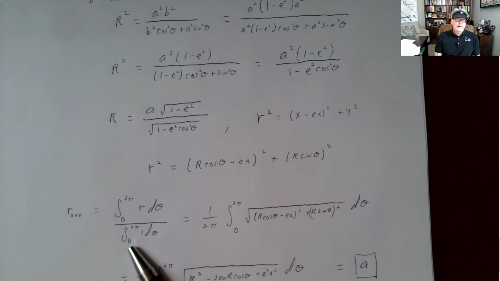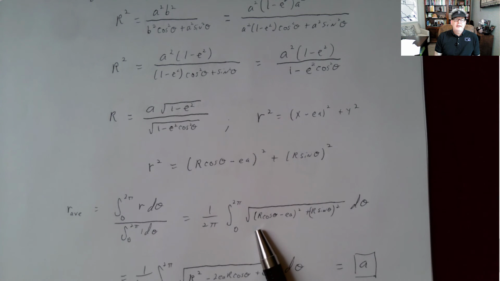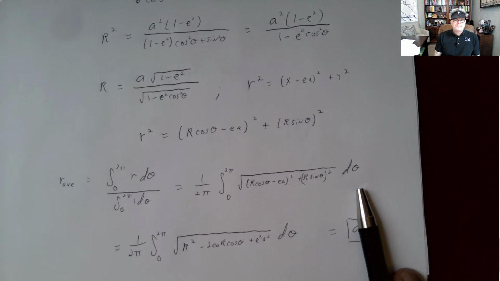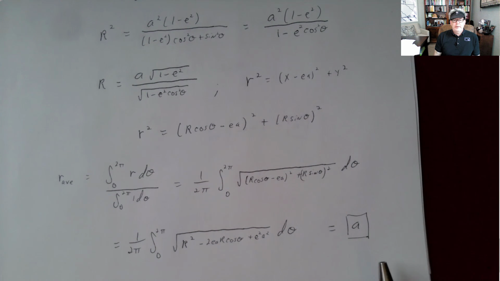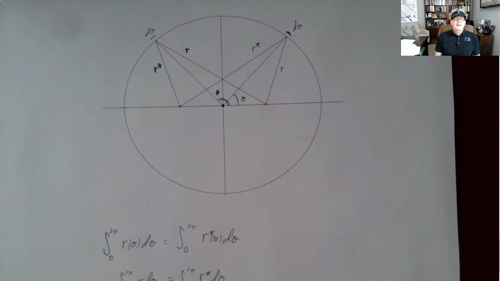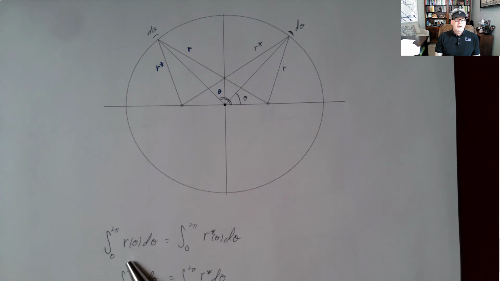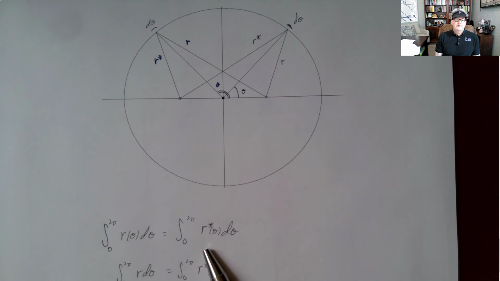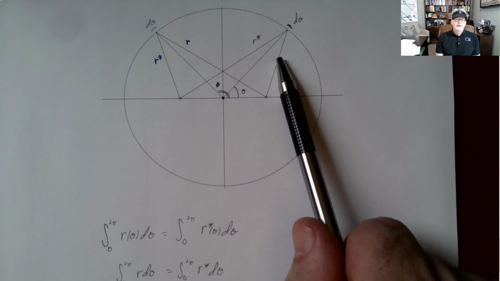If you go all the way around d theta, of course you get 1 over 2 pi. So I just need to integrate r d theta, so it'll be that d theta. And we always get a. Again, by that same argument, if I integrate r of theta all the way around, it'll equal the integral of r star of theta all the way around, 0 to 2 pi. Right? At each theta, r and r star are different.